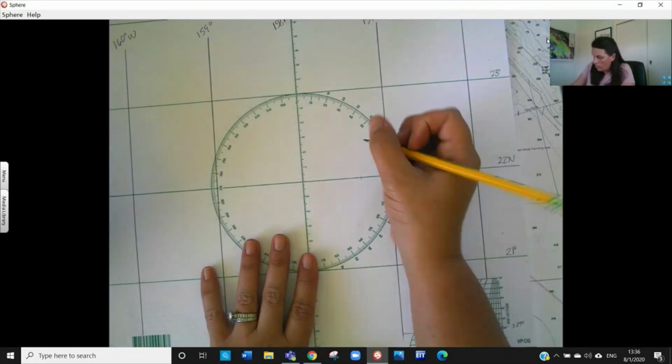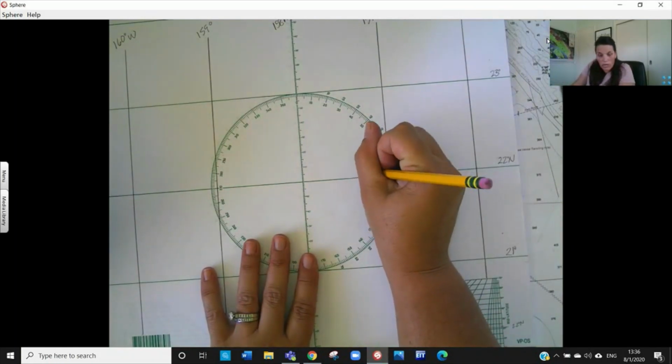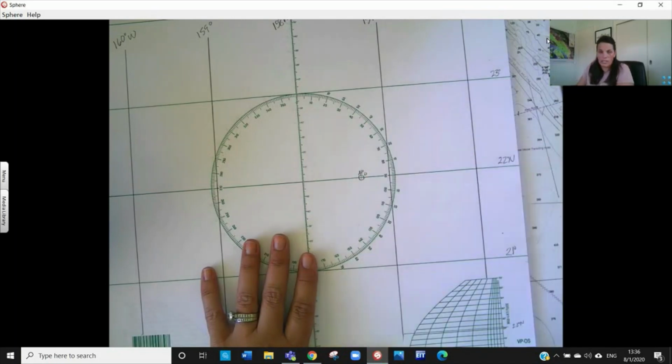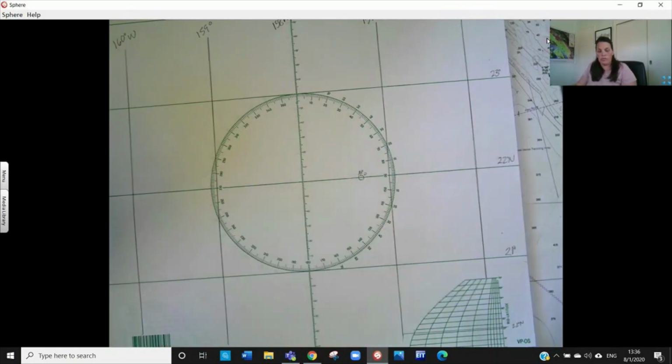So this is going to be my AP for DIFA. My next thing to plot is going to be my azimuth, and I'm going towards my azimuth.